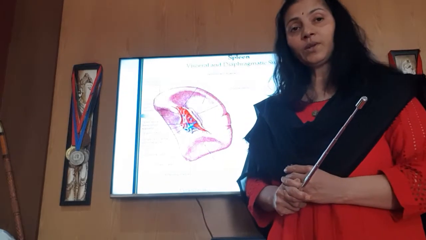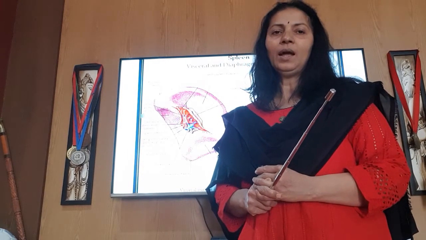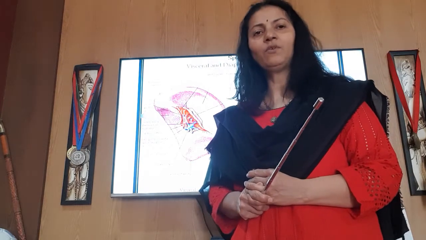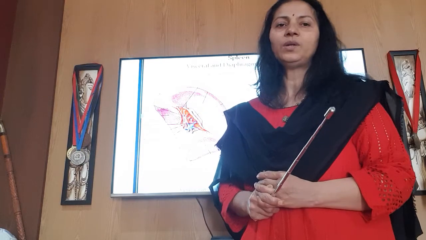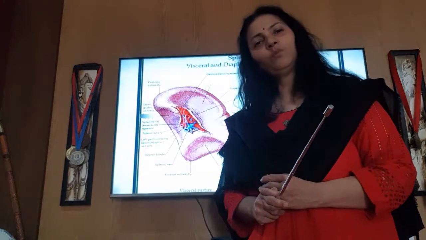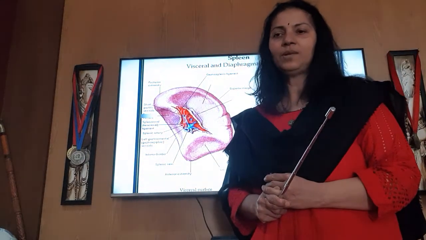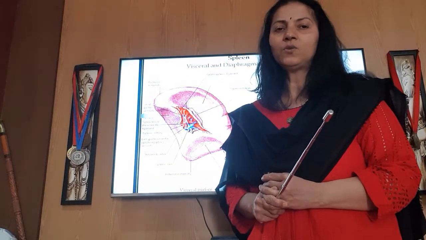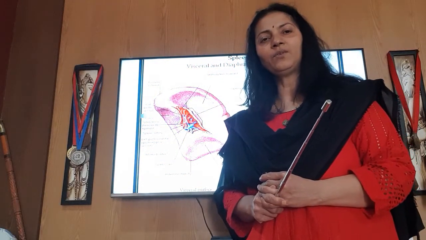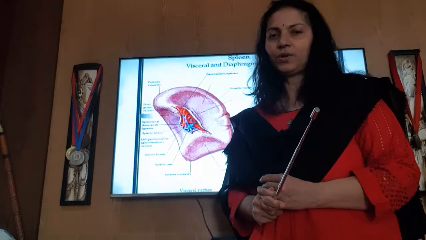The closed vascular theory says that the capillaries don't just open up and spill their blood. Instead, they open in the walls of sinusoids, and sinusoids later on give the blood to the venules. So that's the closed theory. And compromised theory says that both are present. Means somewhere the sinusoid is open and sometimes the capillary is open in the walls of the sinusoids.